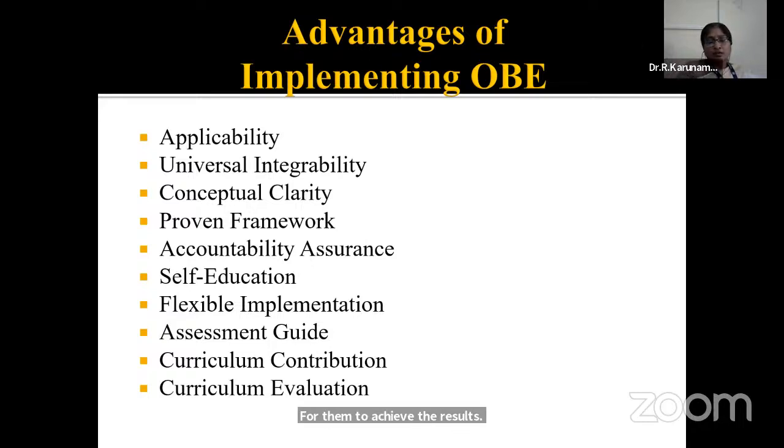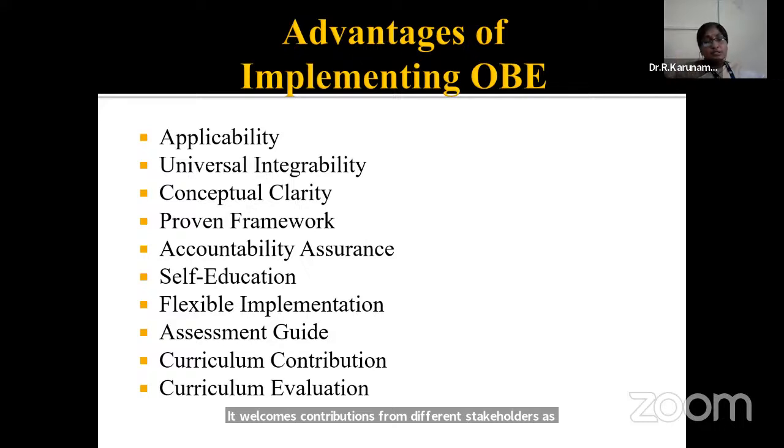So the next is curriculum evaluation. Curriculum evaluation, very rarely done in the traditional method, but here in OBE, it is in practice. It welcomes contributions from different stakeholders, as we discussed already.